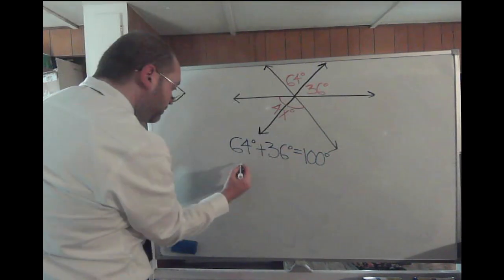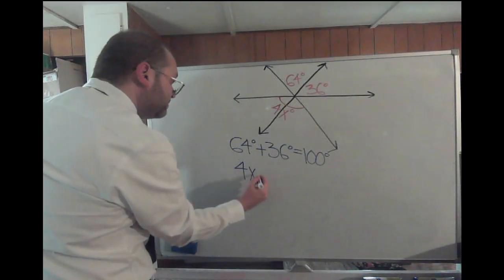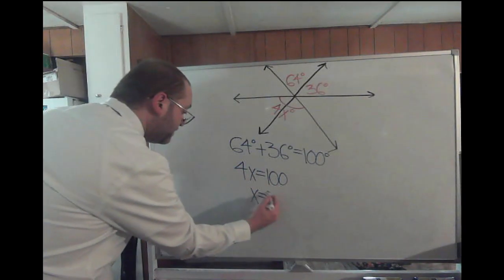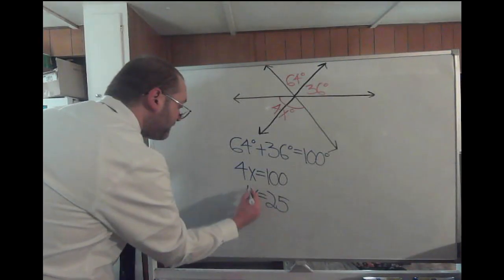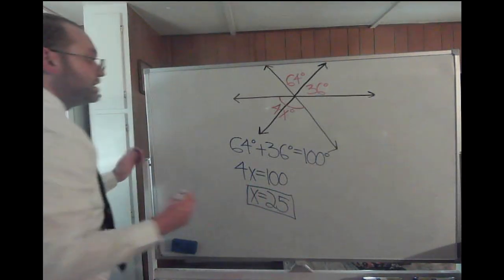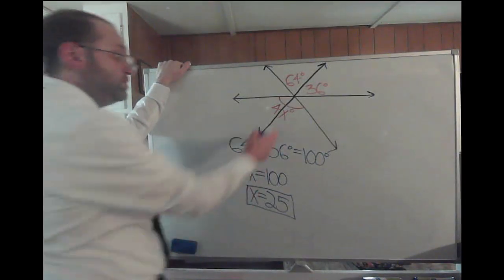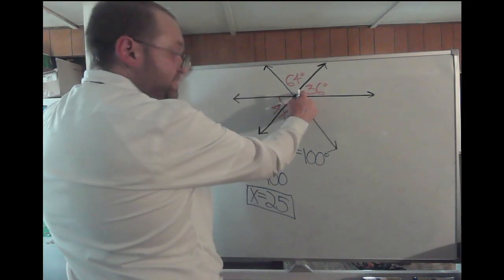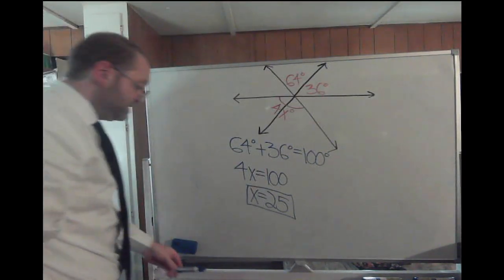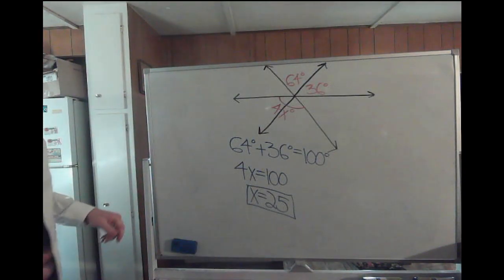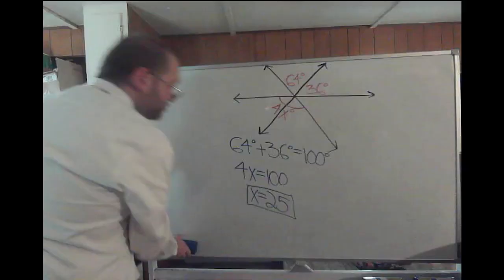You just take the 4x, you'll set it equal to 100, which means x would give you a value of 25. So, then if you plug this in here, 4 times 25, that would give you 100 degrees. 64 and 36 also gives you 100 degrees. So, that's where sometimes with vertical angles, they do try to trick you.